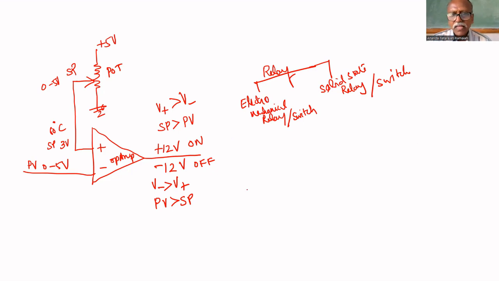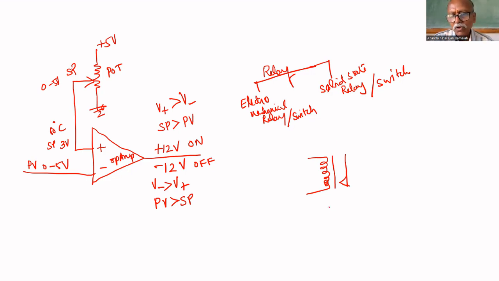The electromechanical relay has an inductor, an electromagnet, and two contacts. If we energize this inductor, this will close, that's all. It acts as a switch.